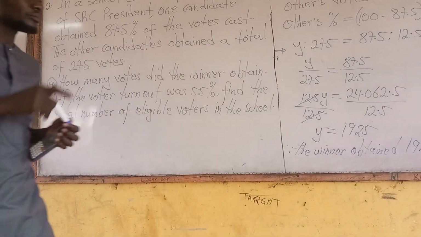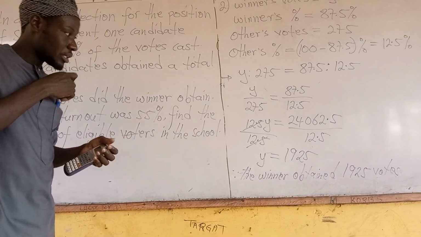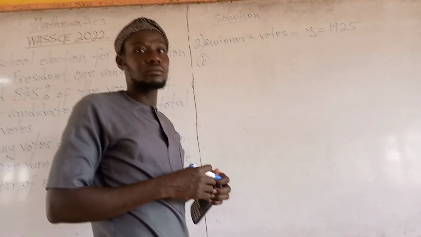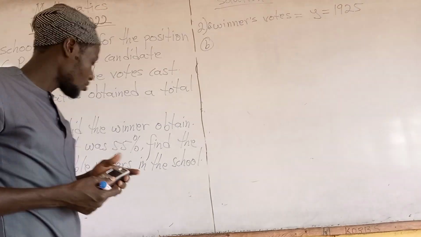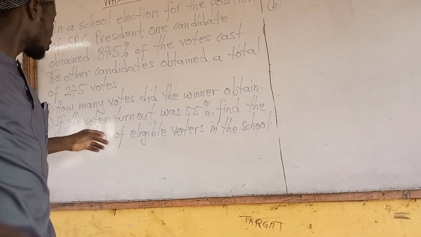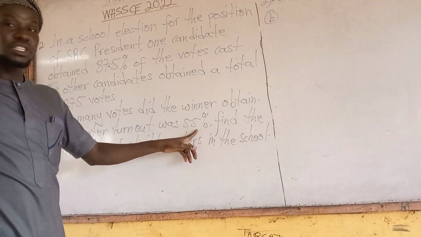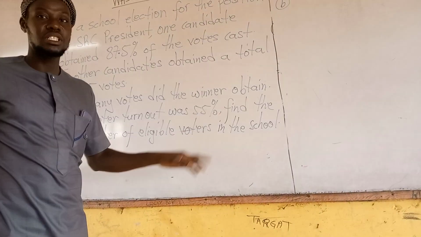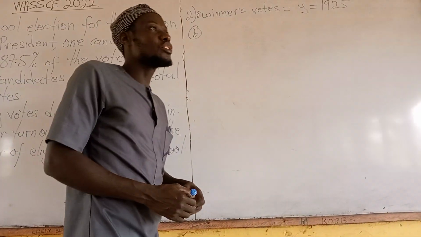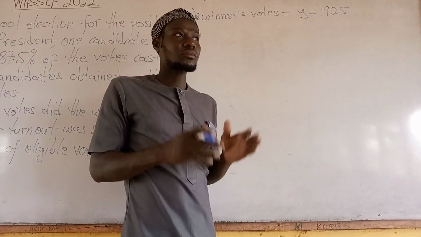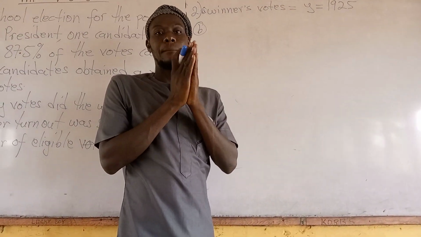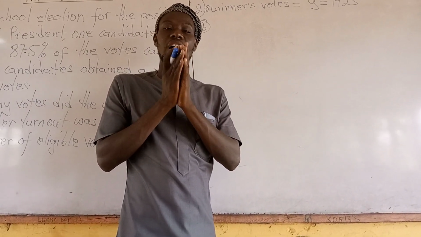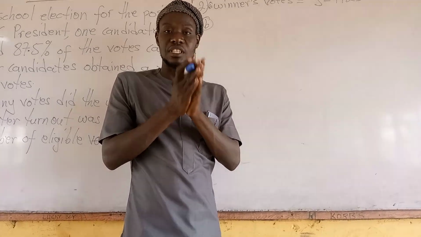Then the second question says, if the voter turnout was 55%, find the total number of eligible voters in the school. So now, let's solve that one. The eligible voters in the school will be the voter turnout plus the voters who are eligible but didn't turn out, that are the absentees.